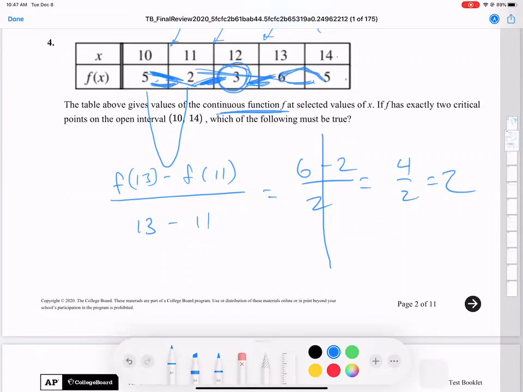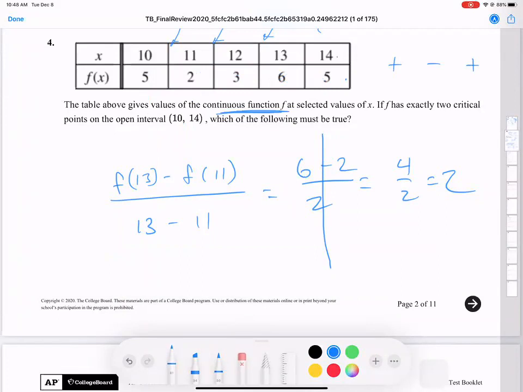So we have 2 critical points, something here and something here. One thing I want to say here is that they told us we had 2 critical points. Now where could these 2 critical points have happened? A critical point happens when we have a sign change from positive to negative or negative to positive, right? That's when our sign changes. So I want to tell you where those critical points are going to be right now.